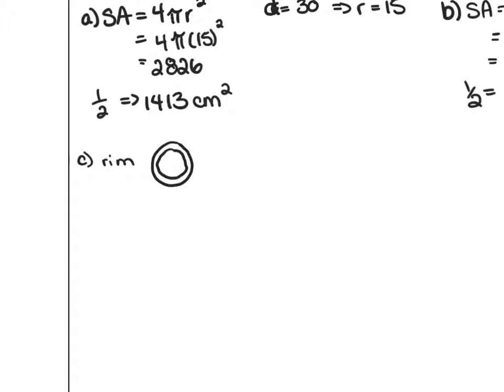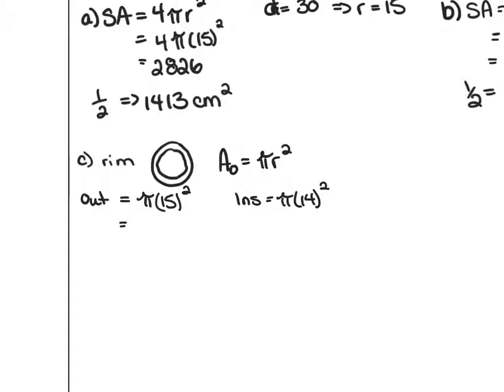of the inside part. So if we go back to the area of a circle, we remember it's pi r squared. So I'm going to do the outside, which was 15 radius. And then we'll do the inside, which was a radius of 14.